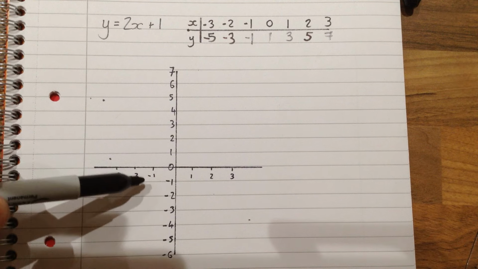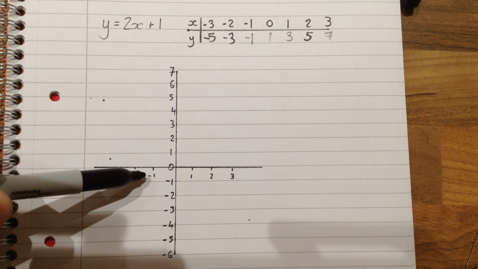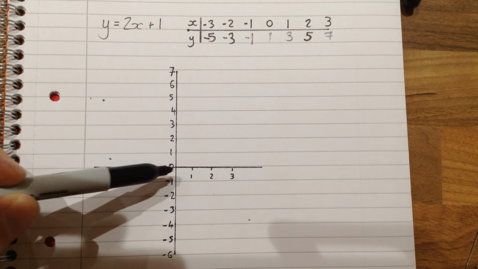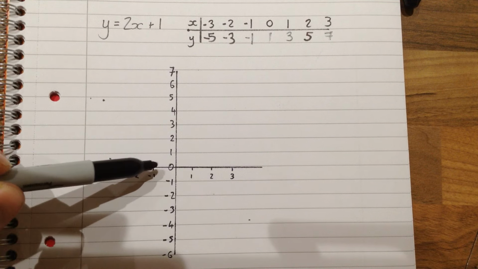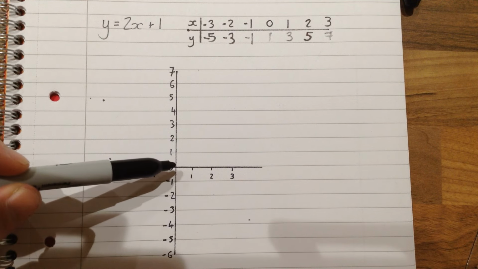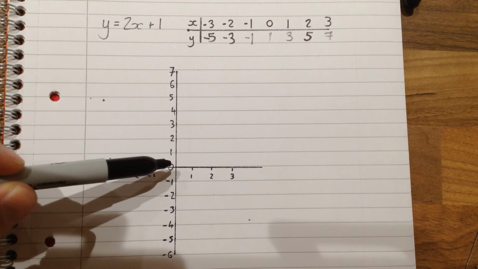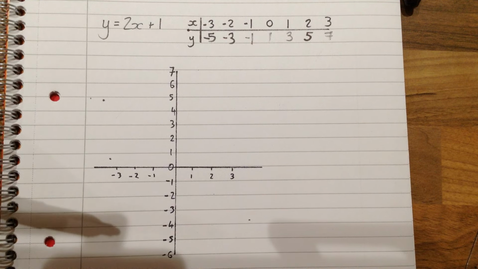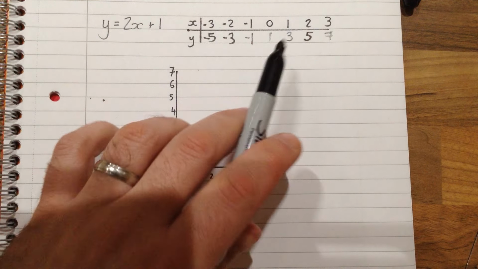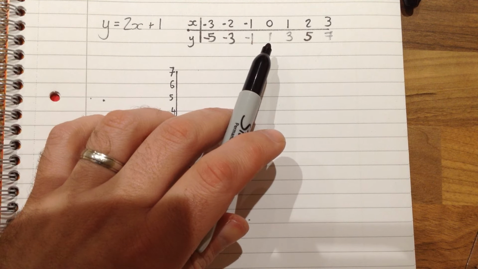And you need to make sure that when you put -1 on the x-axis, you try and keep it as evenly spaced as you can. So if that is 1 square going from 0 to 1, this is also just 1 square going from 0 to -1.